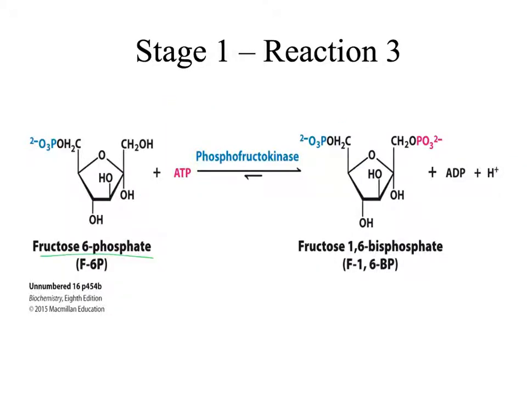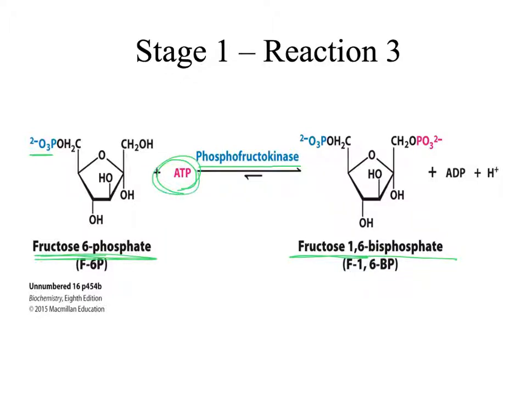That fructose 6-phosphate is then going to be phosphorylated via ATP and the enzyme phosphofructokinase to produce fructose 1,6-bisphosphate. So we had the 1-phosphate here.